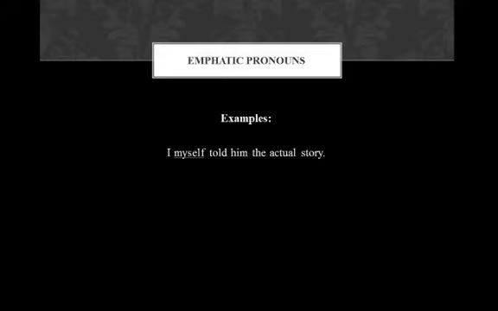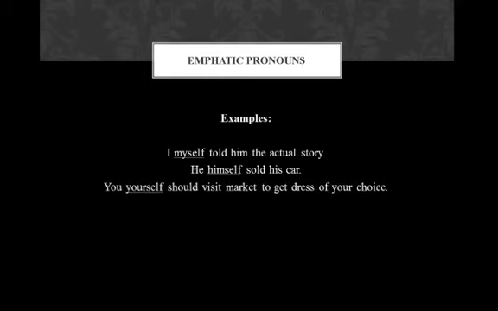Here are some examples of emphatic pronouns. I myself told him the actual story. He himself sold his car. You yourself should visit the market to get the dress of your choice. So in these three statements, the emphatic pronouns that are used are myself, himself, and yourself.